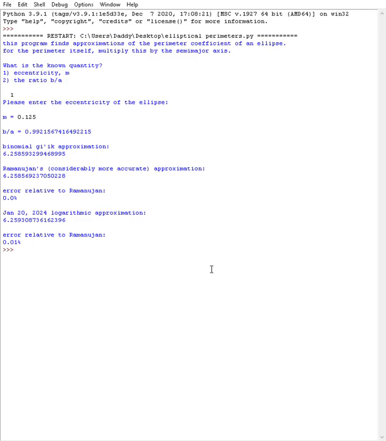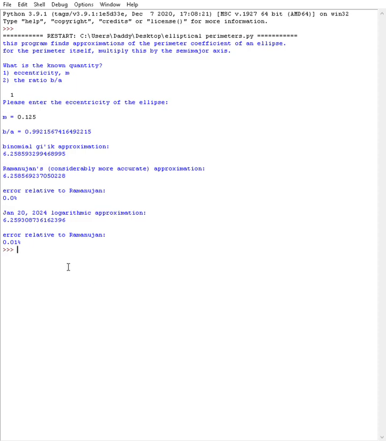Now everything is completely in terms of one variable, and we can build up in a principled way what everything looks like. And what this yields is a very, very accurate approximation of the perimeter of an ellipse.